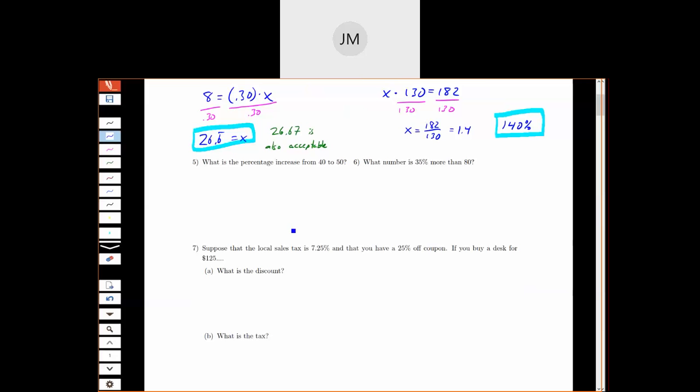Okay, what is the percentage increase from 40, or sorry, just from 40 to 50? So first we find the amount of increase. Okay, and it went up by 10. And now we want to say, well, what percent of 40, right? Because we're increasing from 40, what percent of 40 is 10?